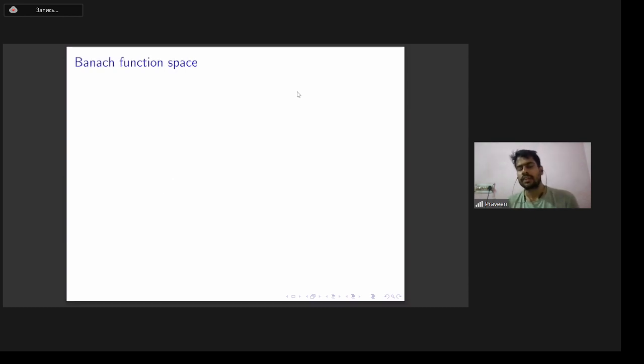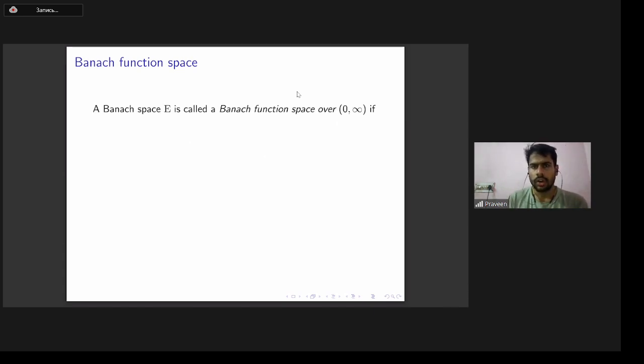Now we will see the Banach function space. Basically, a Banach function space is a Banach space of functions on R plus that satisfies certain properties. The first property is that it lies between L1 intersection L infinity and L1 plus L infinity.